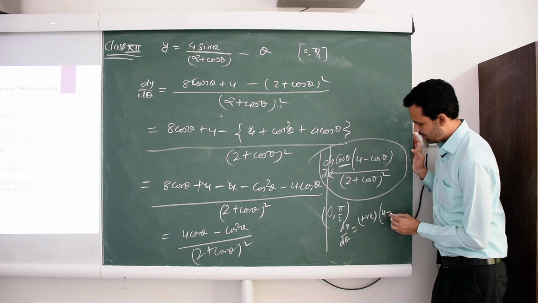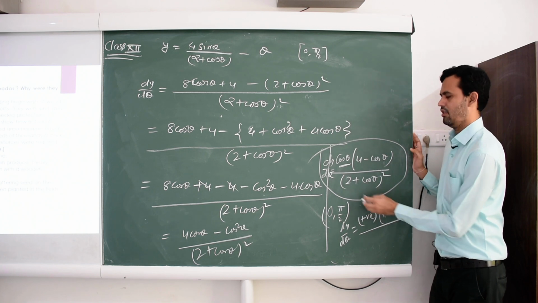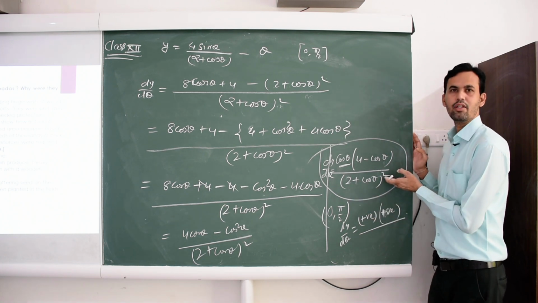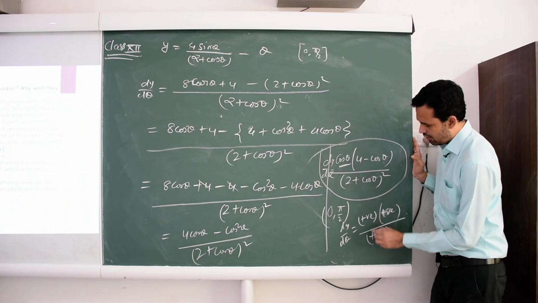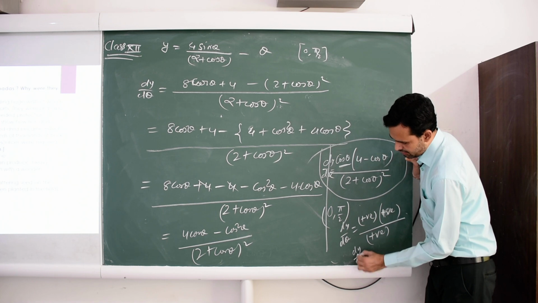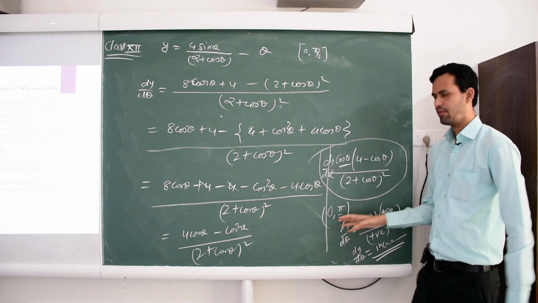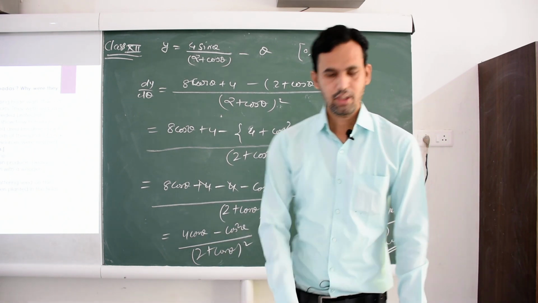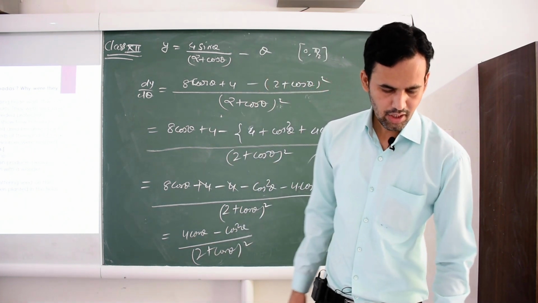The denominator is in square, therefore this is also positive. So all these three terms are positive, therefore dy by d theta is increasing in this interval 0 to pi by 2. So this is question number 9.